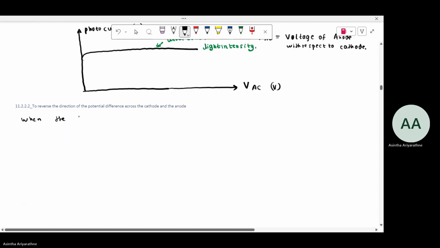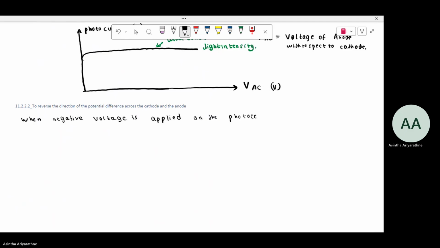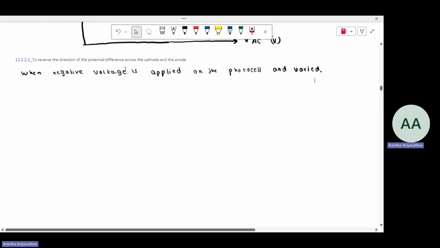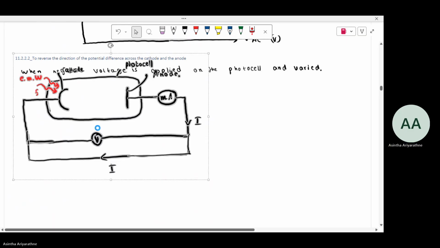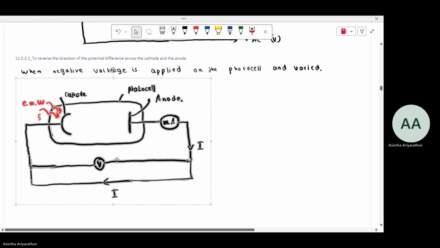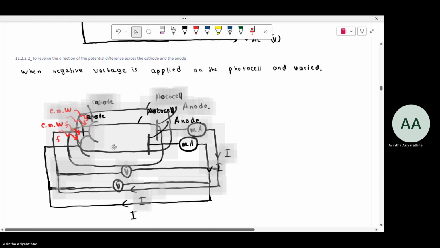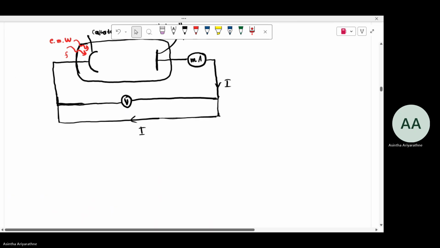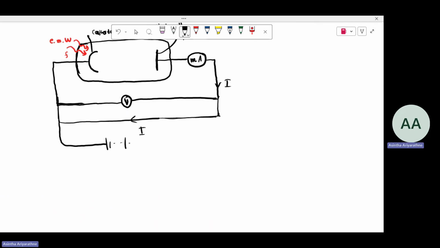When negative voltage is applied on the photocell, the positive terminal is towards the cathode.